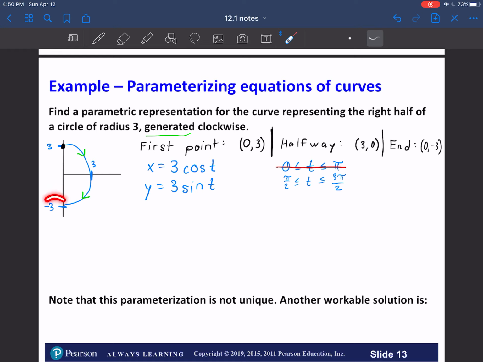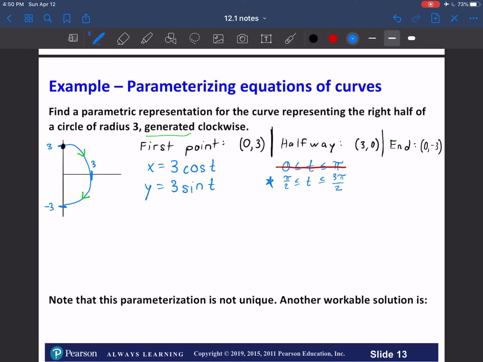And so, yes, we do indeed end up down here. And so it looks like these bounds for t will work. If we just start off with our original equations and throw these in, that will be sufficient. Okay.